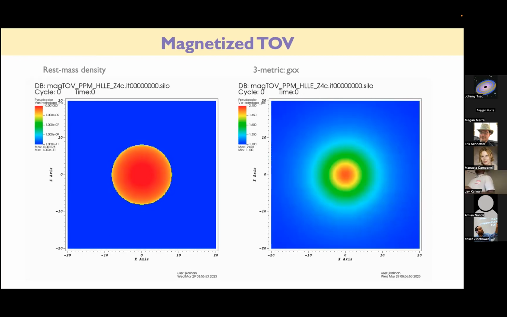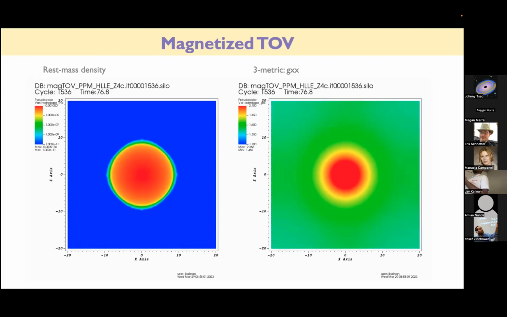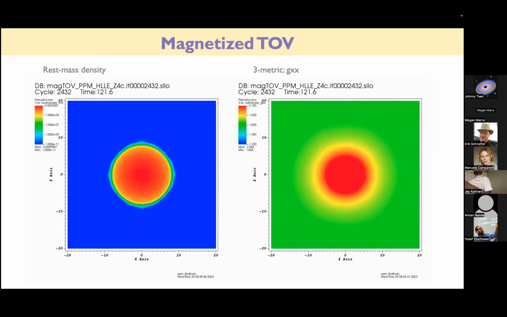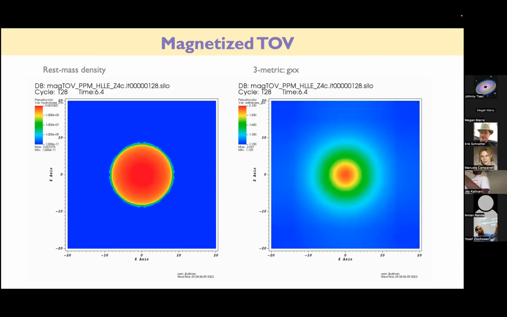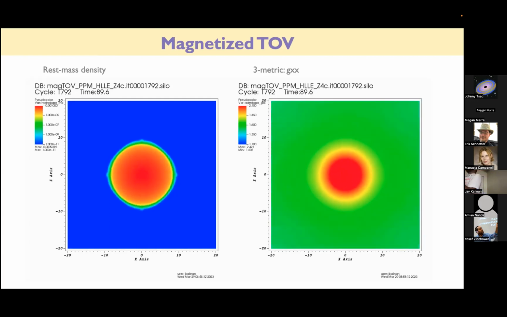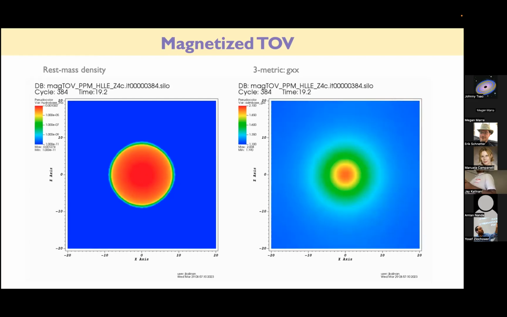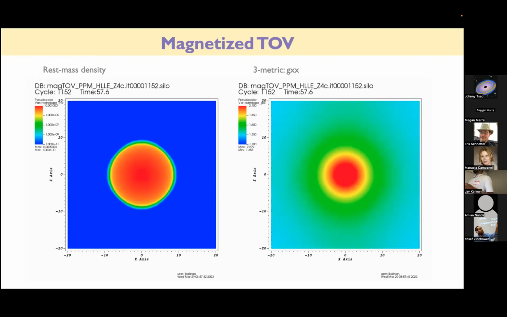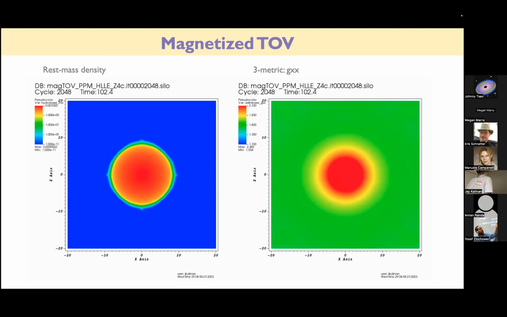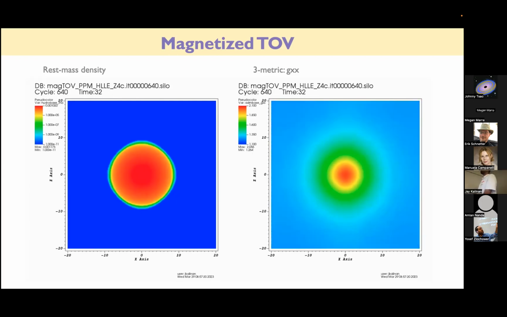Or even if you want to resolve the Kelvin-Helmholtz instability, where you are limited by resolution, you can just refine at the shear layer where it develops. So this could have very good potential applications. But of course, we haven't got there yet. We have one more question.